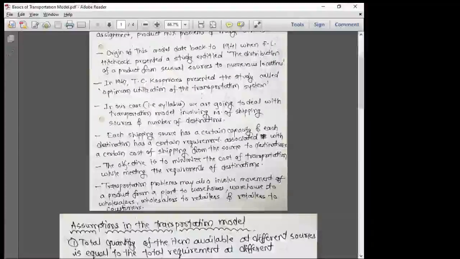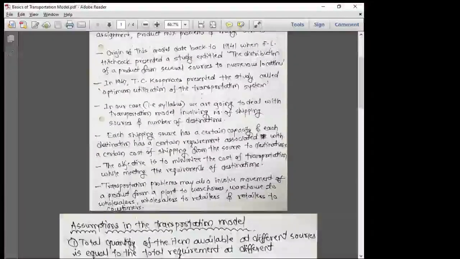That means a source has a definite capacity, a destination has a definite demand, and the transportation of a product from a shipping location to a destination will incur some cost.